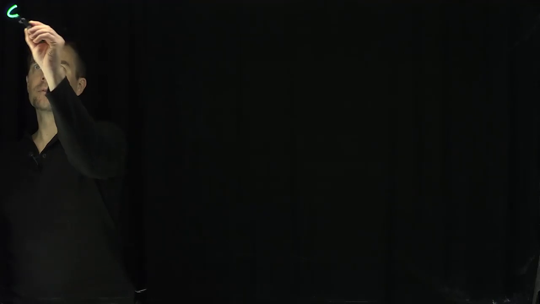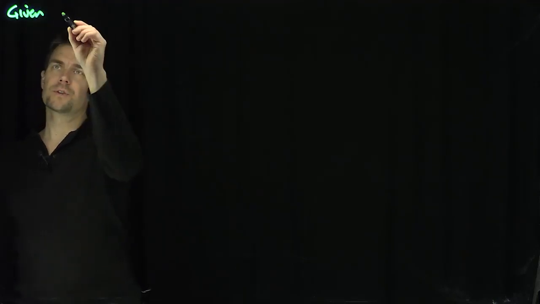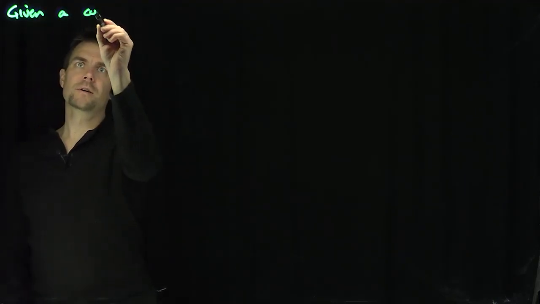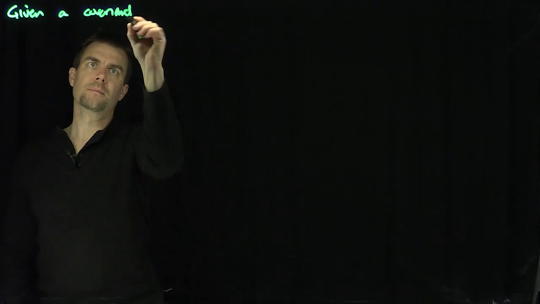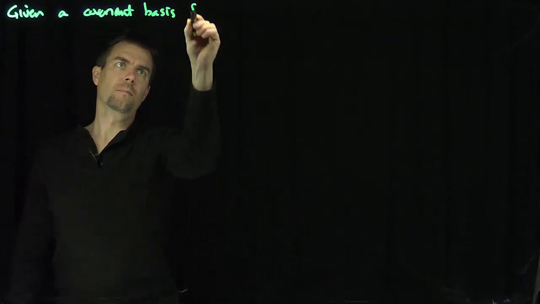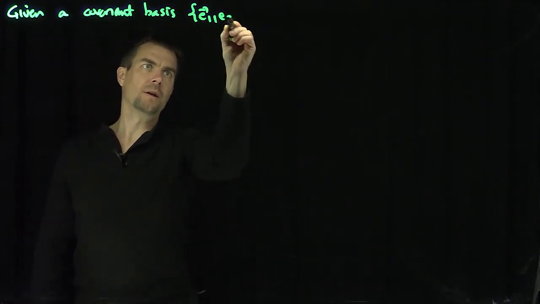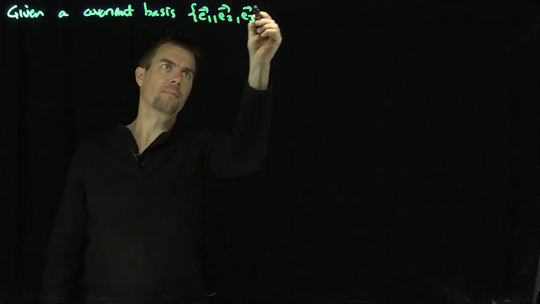Hello students, in this video we'll discuss the transformation law for covariant components of a contravariant vector. So let's be given, this is the starting point for all these calculations, a covariant basis E1, E2, E3.